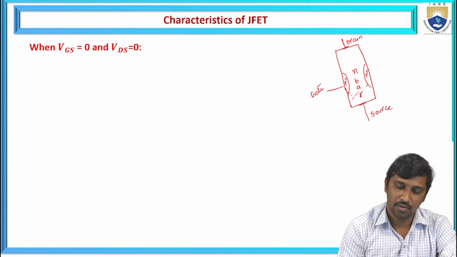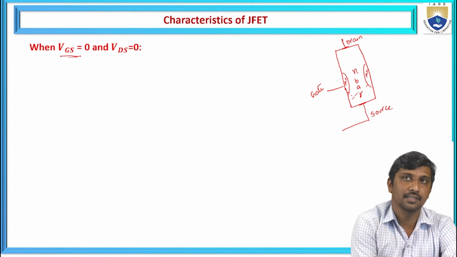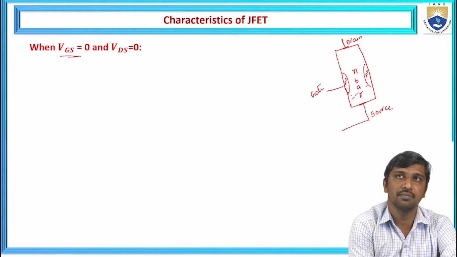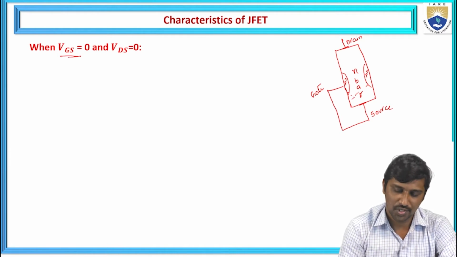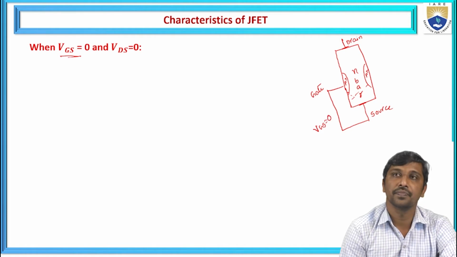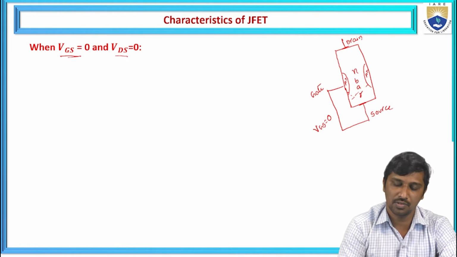For this case, now I am going to apply the biasing voltage between the gate and the source, VGS, equal to 0, means these two are shorted. That indication is VGS is 0. And similarly, the biasing voltage between the drain and the source is also 0.